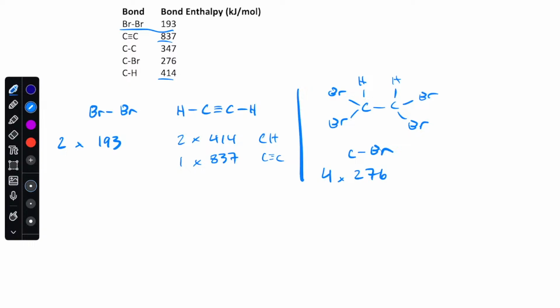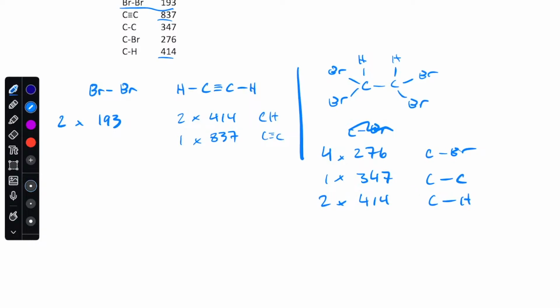It has 1 CC, CC is 347. It has 2 times 414, and that's the CH. Is that everything? CBr, CH, and CC.